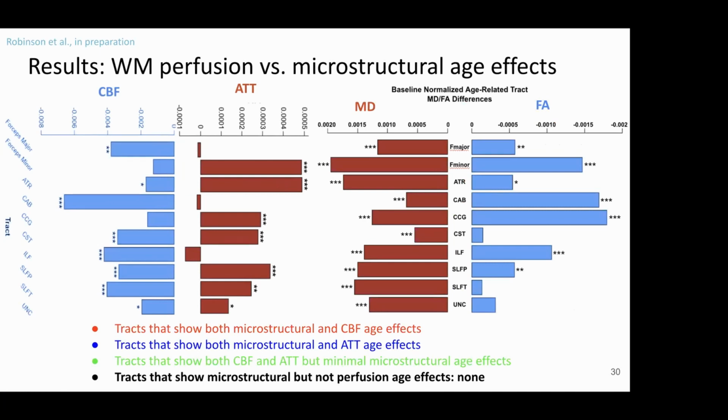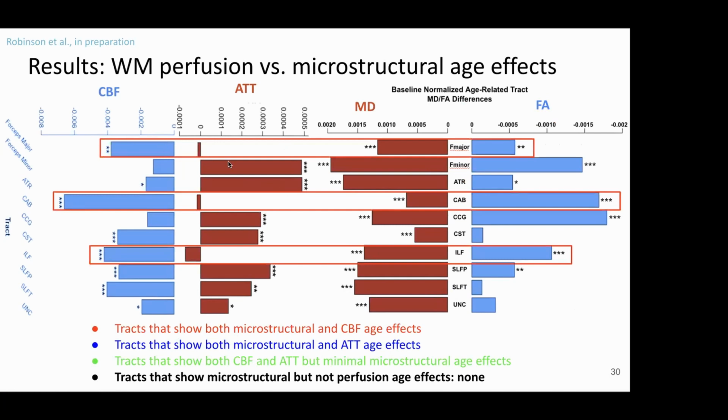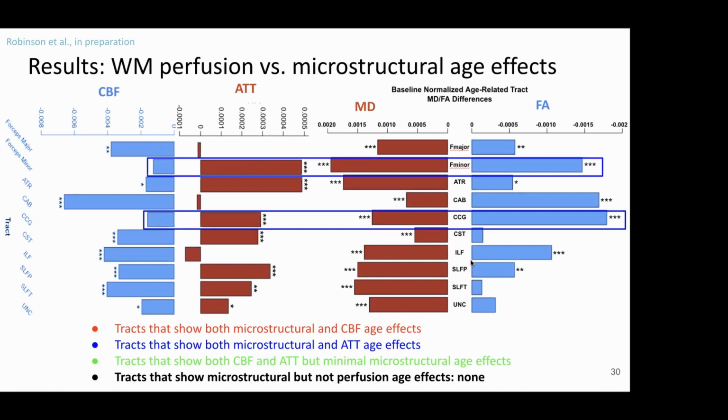Perhaps the fact that the red boxes show both microstructural and CBF declines in aging. These are major forceps, the cingulum angular bundle, which is more the posterior temporal branch of the cingulum, and also the inferior longitudinal fasciculus. The opposite trend is tracts that show both microstructural degeneration and ATT lengthening.